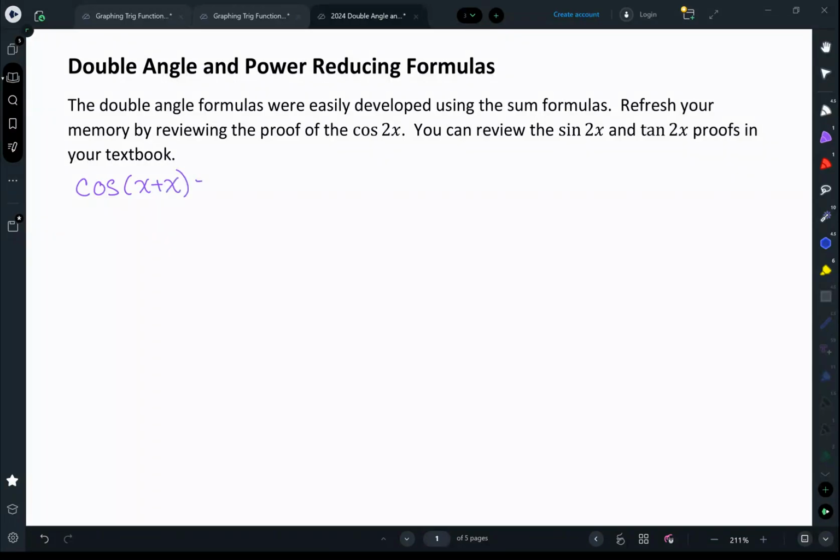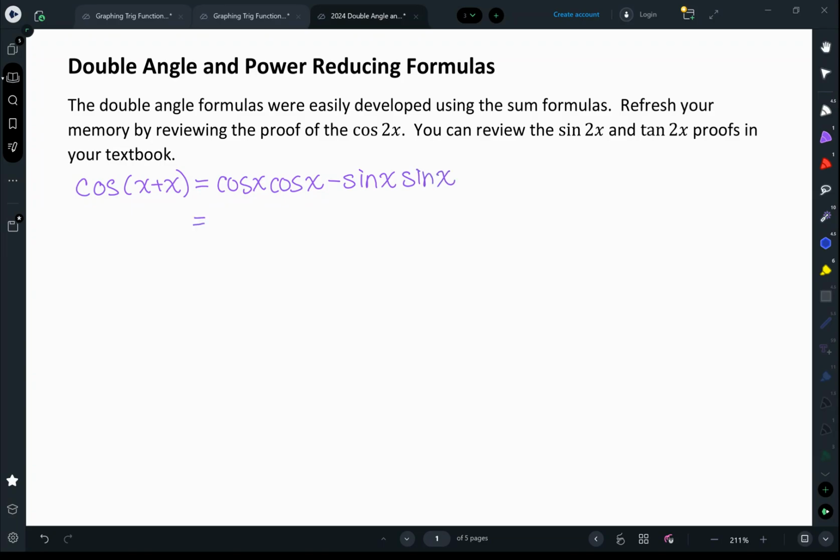So for the cosine of 2x here, we can think about the cosine of x plus x, and then we know that the cosine of x plus x can equal the cosine sum formula. And so that is going to be the cosine of x times the cosine of x minus the sine of x times the sine of x.